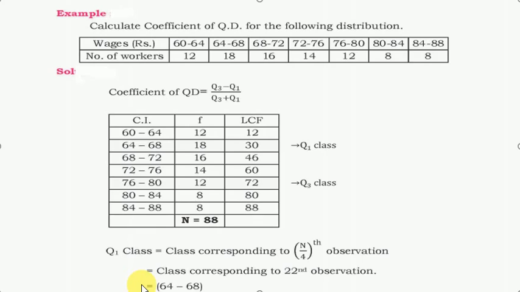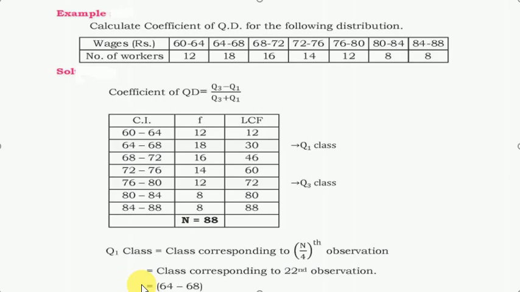Once again, I'll repeat: the semi-interquartile range or quartile deviation is simply defined as half the distance between the third and the first quartile.